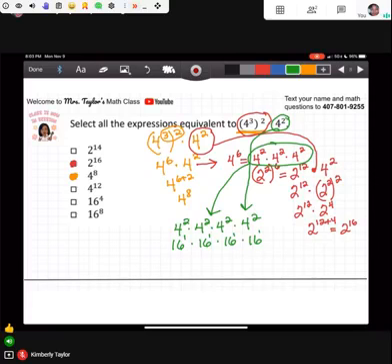I can add all the exponents together. So the base is 16, and then I add the exponents. Okay, so now I'm left with 16 to the 4th power. And guess what? That's one of my answer choices. Now, the rest of the answer choices are not it. So I am done with this problem.